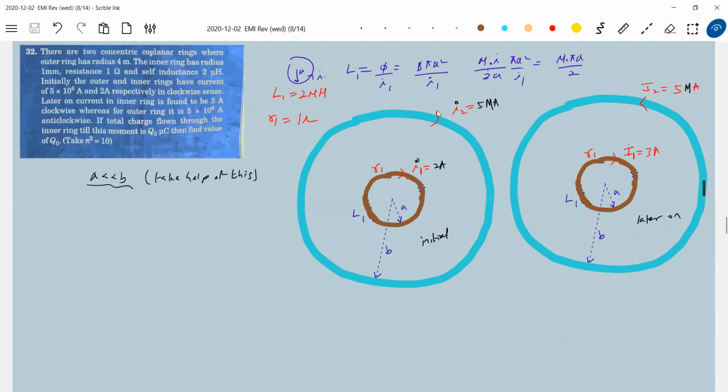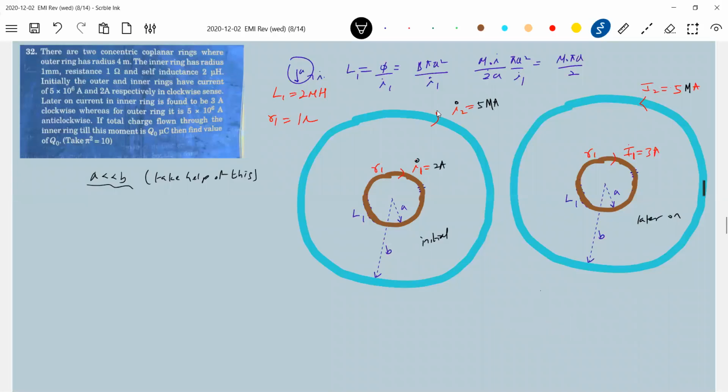Whenever we had a question of flux, like how much charge flows when flux changes, I think you recollect this particular problem. Like if this particular ring is having a resistance, with radius C, this is a B bar.